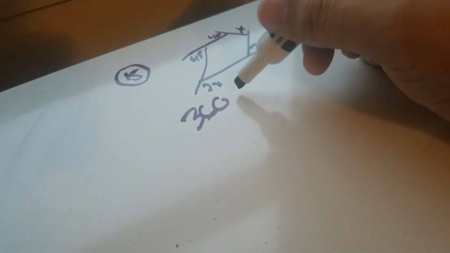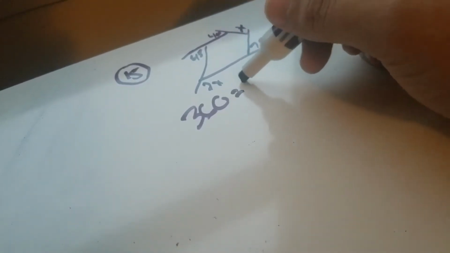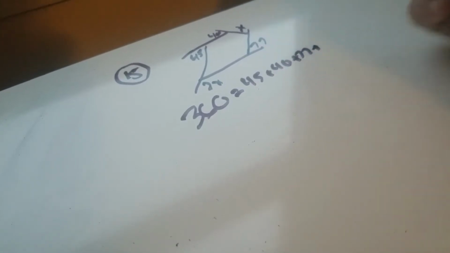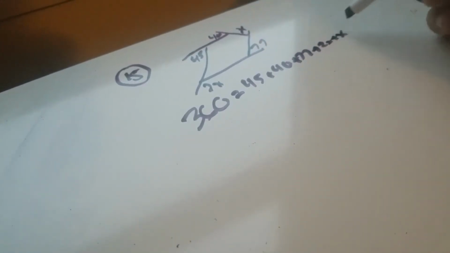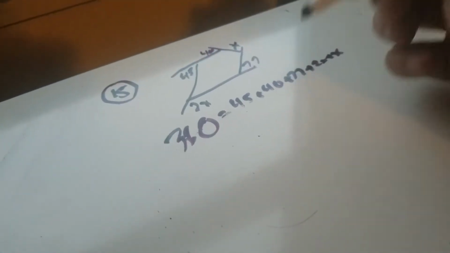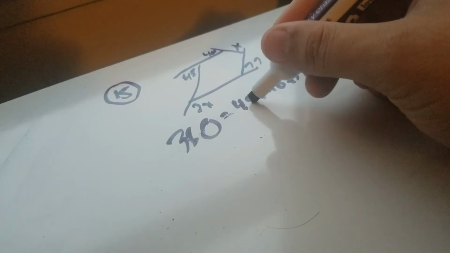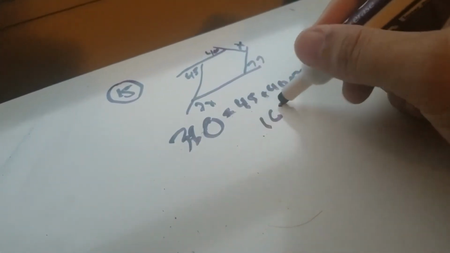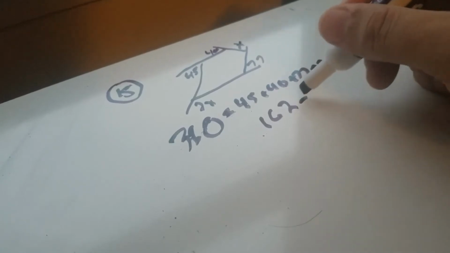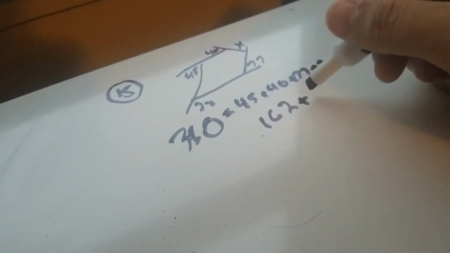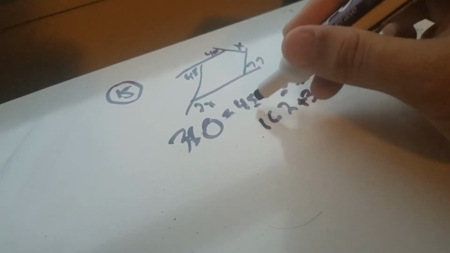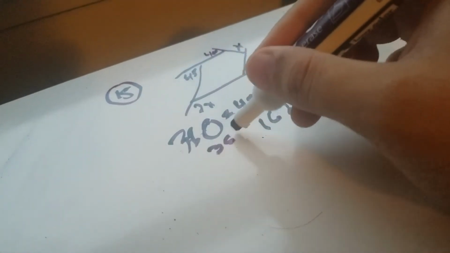So 360 equals 45 plus 40 plus 77 plus 2x plus x. So I put all the angles together. Okay, so now we're going to combine like terms. So 45 plus 40 plus 77 is 162, plus x plus 2x is 3x. So these are like terms, and these are like terms, equals 360.